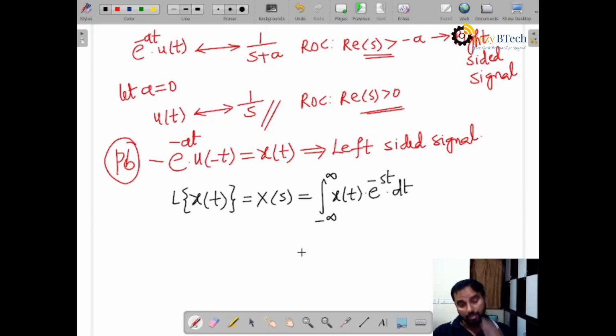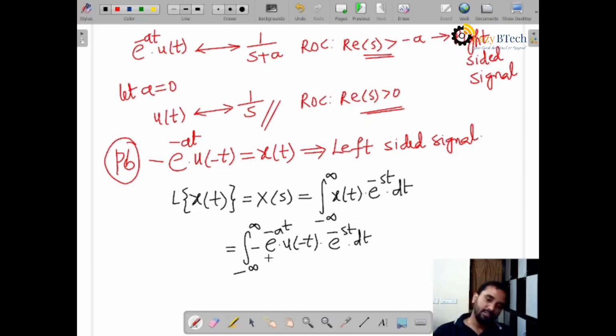This is the Laplace formula. Now the given signal, as it is, we can take in place of x of t. So minus e power minus at, u of minus t, into e power minus st dt. We are just taking the given signal.